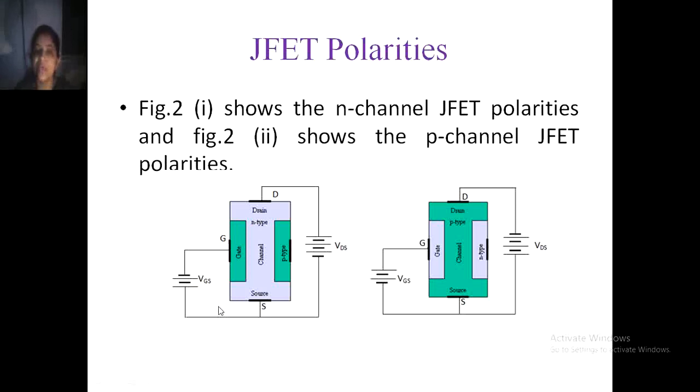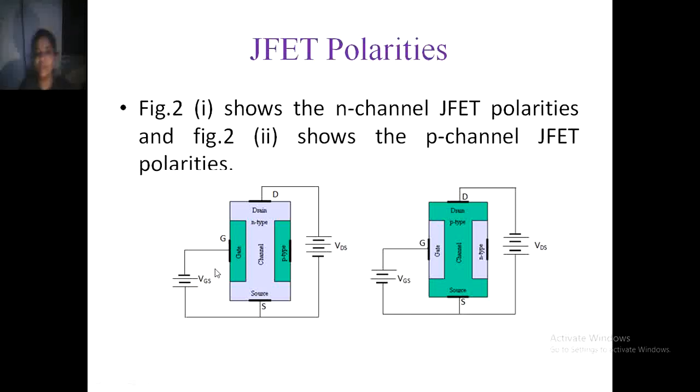We say that the JFET is a voltage control device. What is meant by a voltage control device? Through the input voltage, which is VGS, the output drain current is controlled. That's why the JFET is known as a voltage control device.